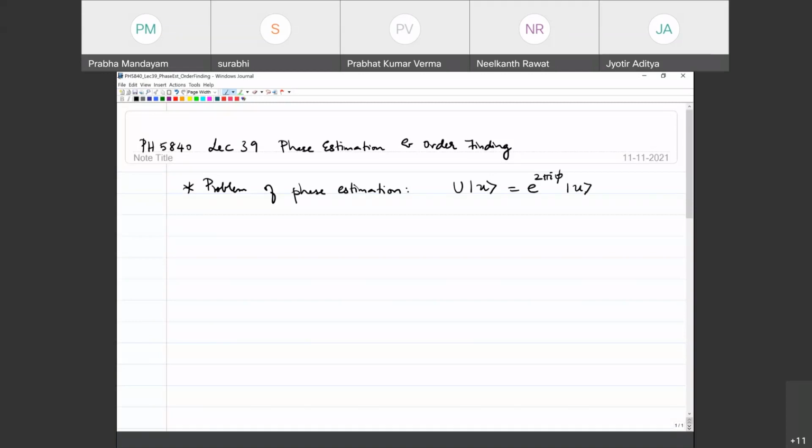And the problem is to estimate phi given the unitary U and the specific eigenstate ket U, because the phi is associated with that eigenstate. Actually, there should be a phi sub U to indicate that it is associated with that eigenstate, right?